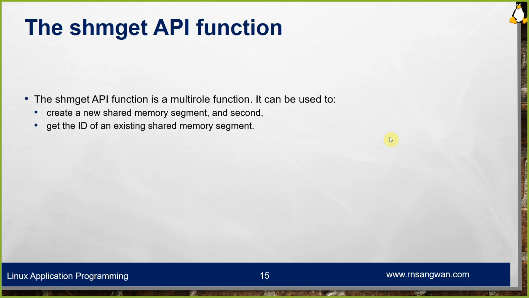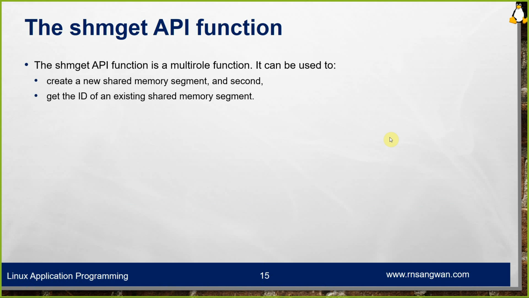The shmget API function is a multi-role function. It can be used to create a new shared memory segment, and second, it can get the ID of an existing shared memory segment.